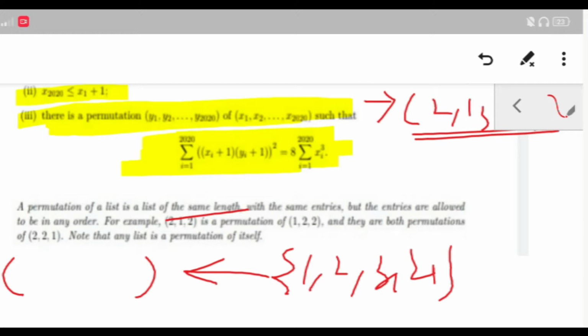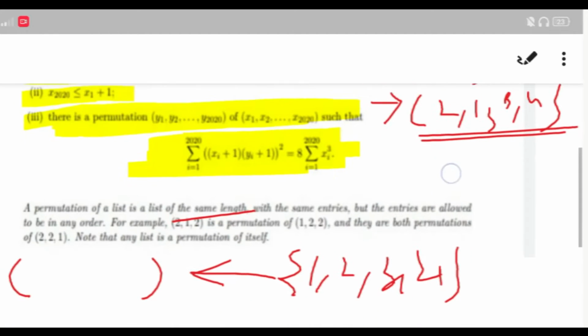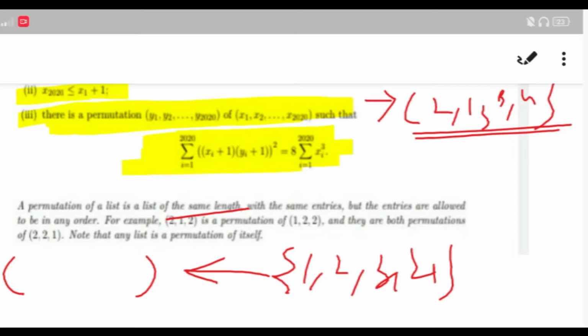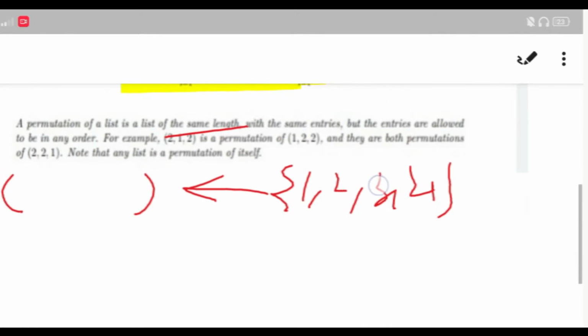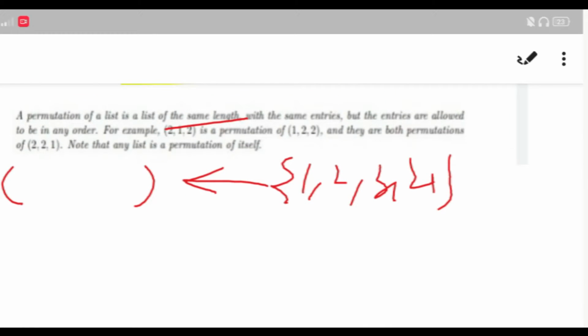All the entries are allowed to be in any order, as I have shown in the previous example. And here is also a given example. So let's go ahead to the problem solution.